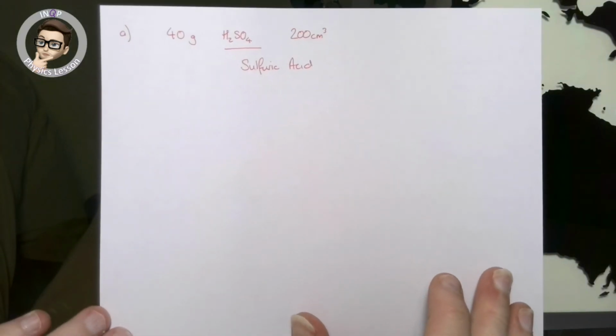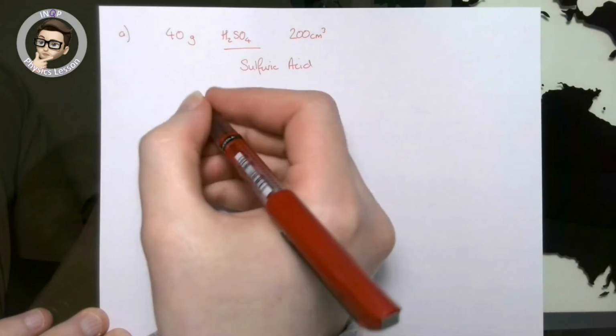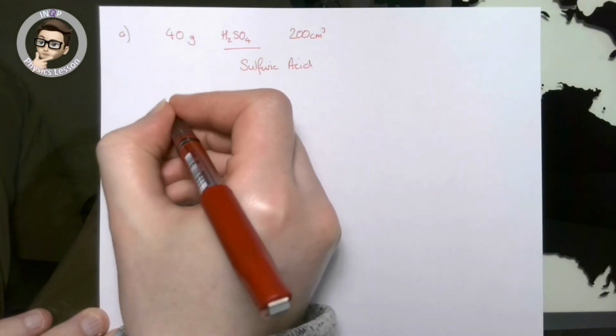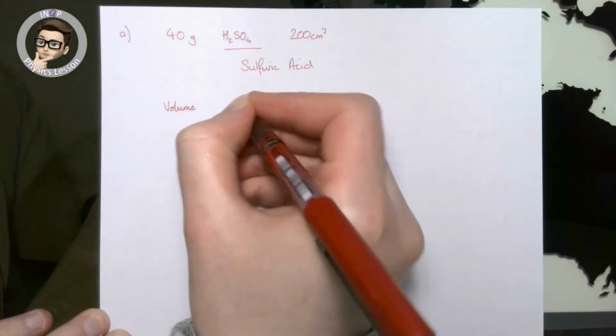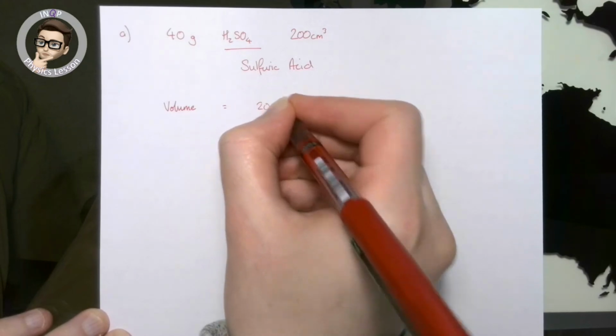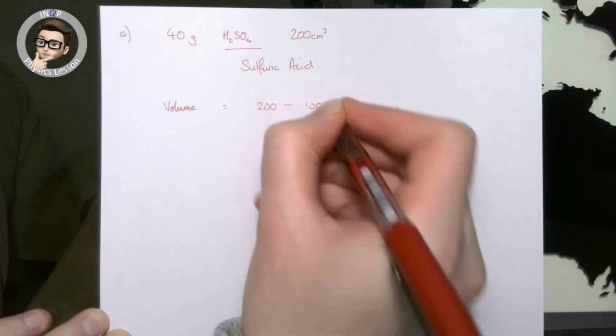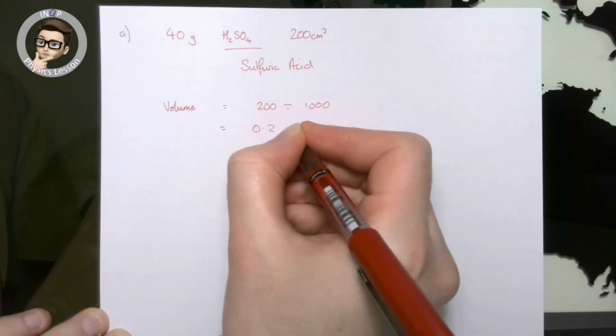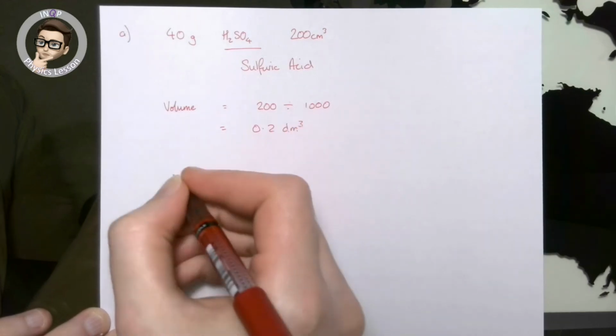And if we want to work out our concentration, then we need to know the volume in dm cubed, which is going to be 200 divided by 1000, which should give you 0.2 dm cubed.